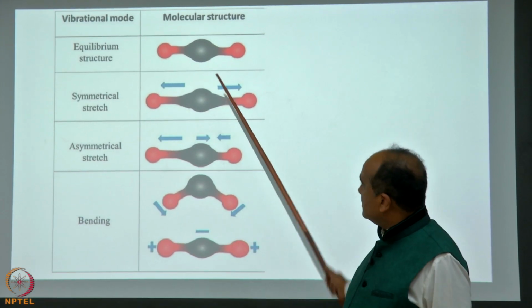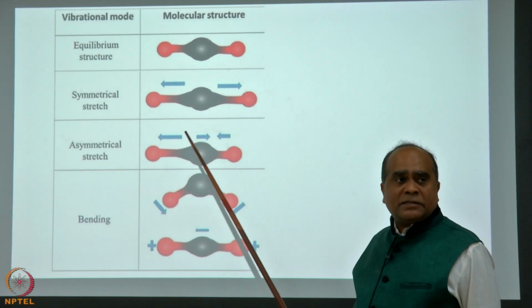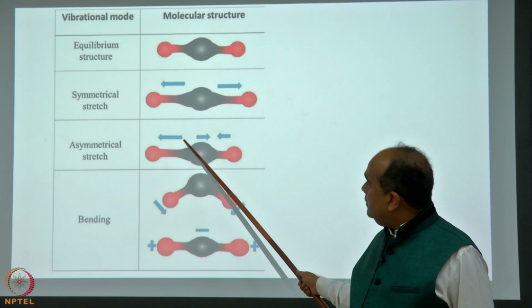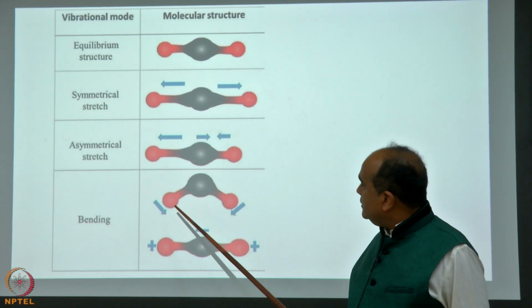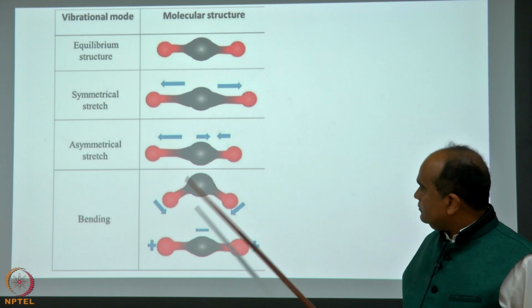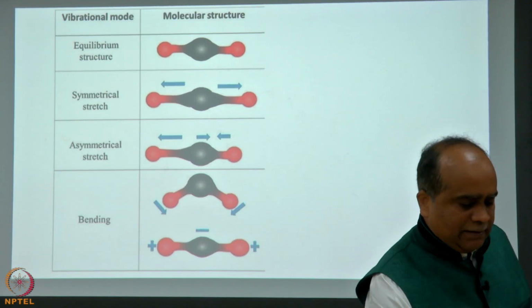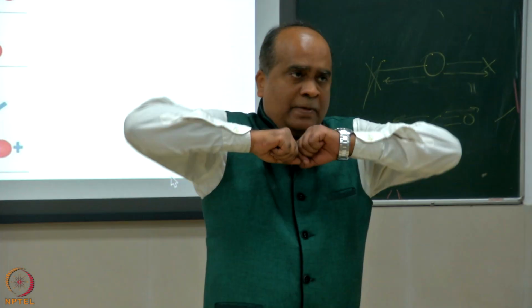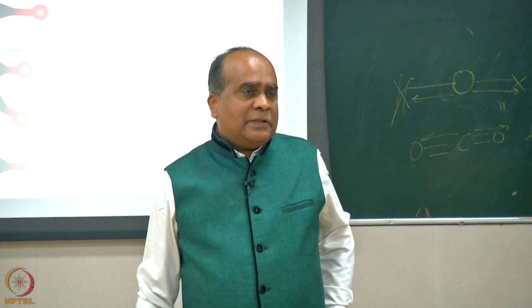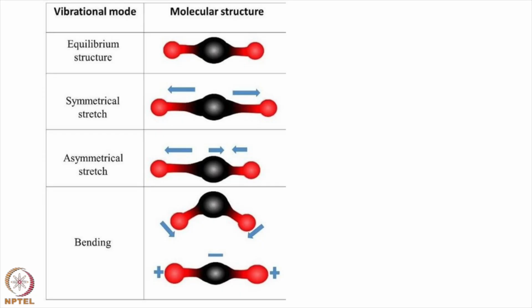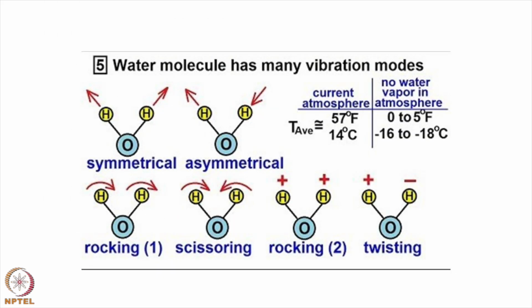It could be asymmetric stretching, where this one is pulled but this one is pushed. It can be bending, where the molecule bends like this or like this. So those are the 4 modes you have. Let's look at water.